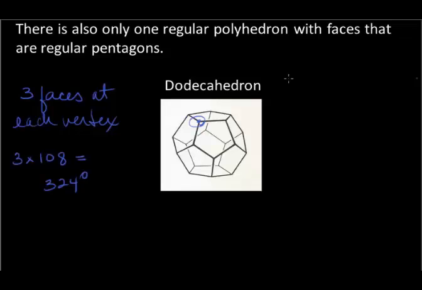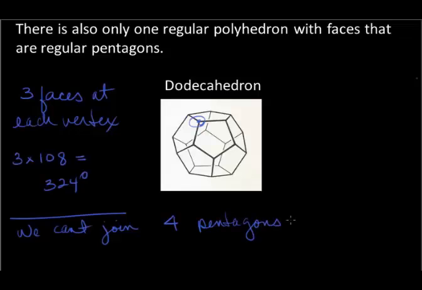Now, of course, we cannot put 4 of them together. If we tried, let's write that, we can't join 4 pentagons at a vertex. Why?